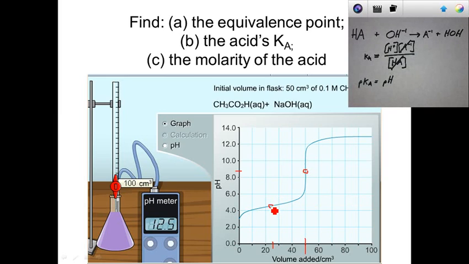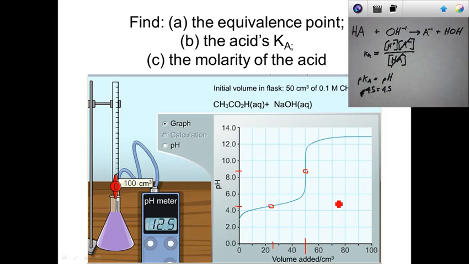So I look at this and I say the pH is about 4.5. If the pH is around 4.5, that means the pKa is about 4.5. I'll take my handy dandy calculator.